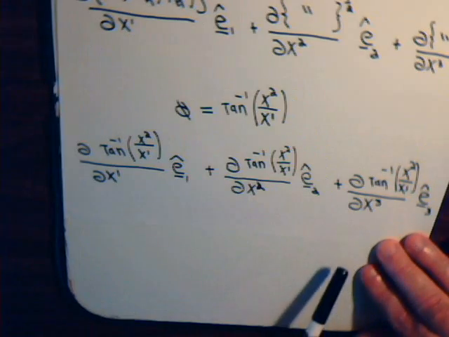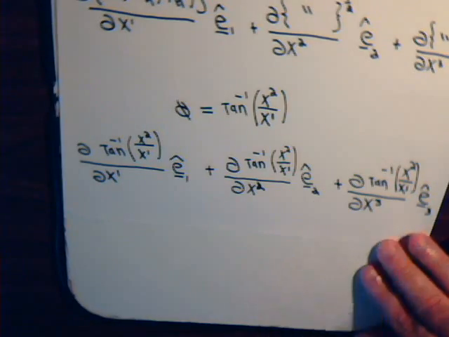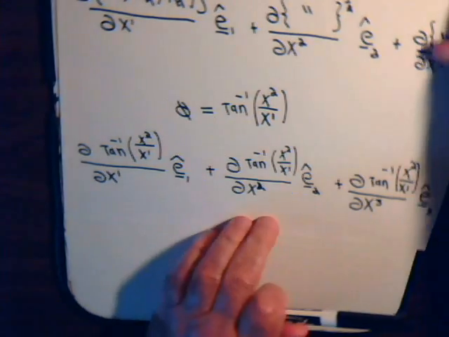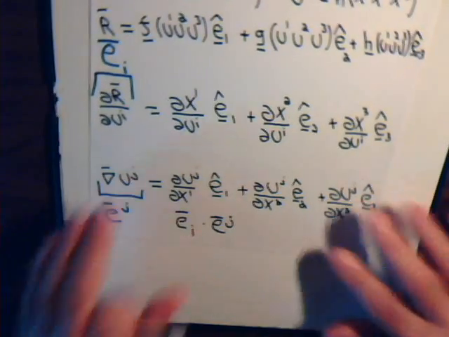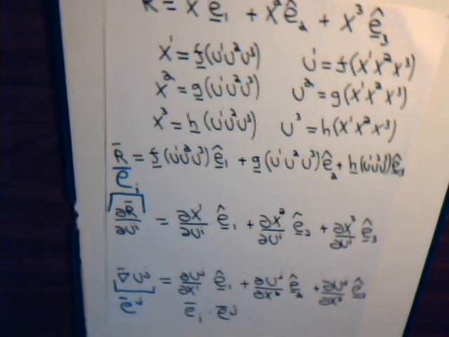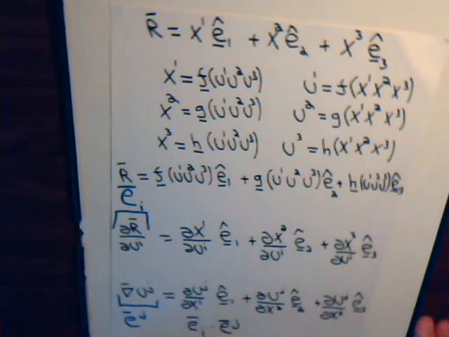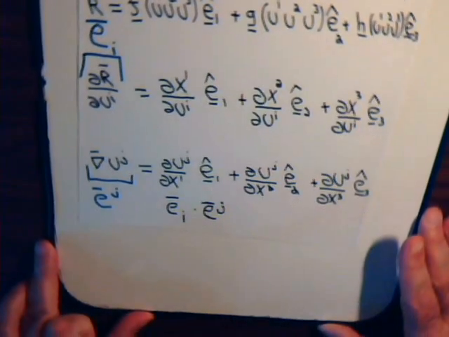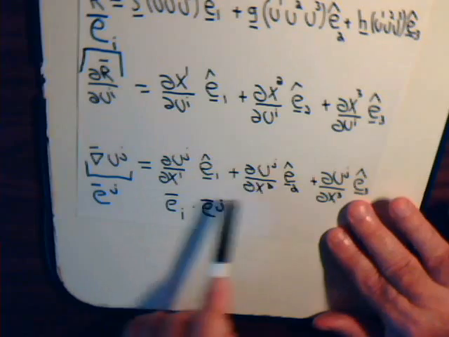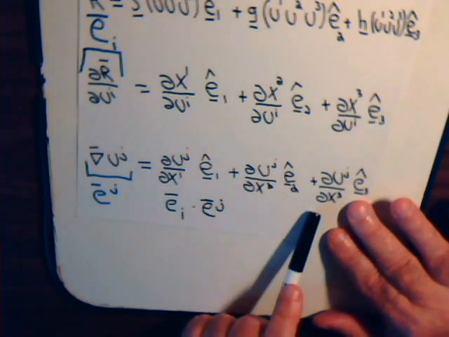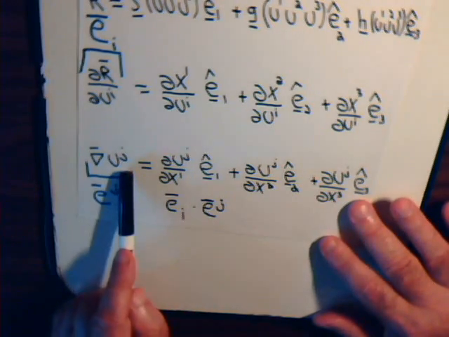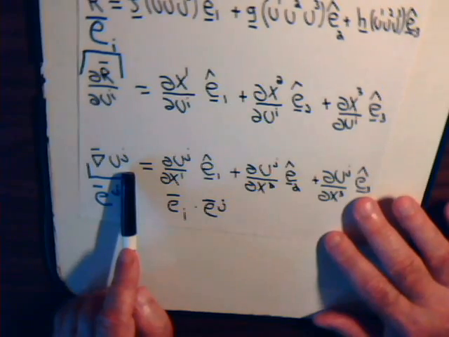There is no x3 in here, so that's just 0. But the point is that when we know these transformation equations, then we can take these types of derivatives with no problems. And we can do that for each one of the curvilinear axes.